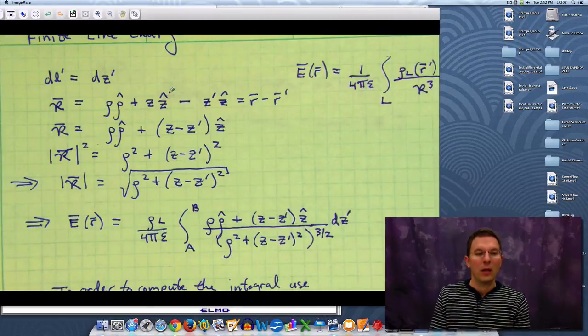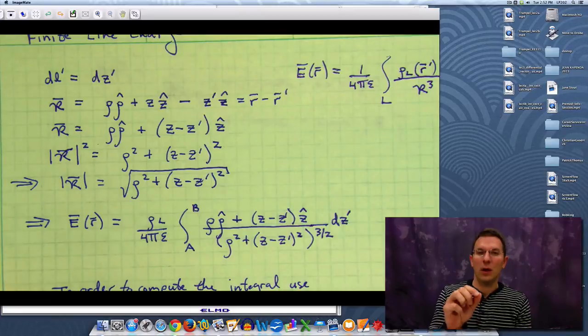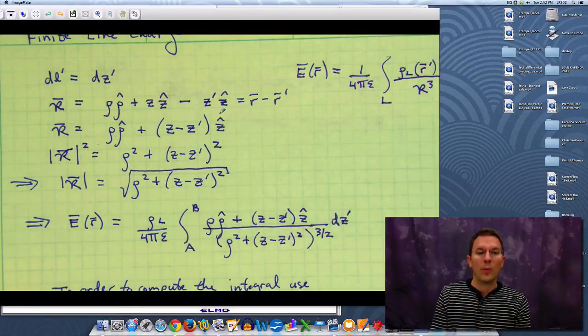And then our primed coordinate points from the origin to a point on the charge distribution. For our purposes, that is simply the vector z prime in the z direction.